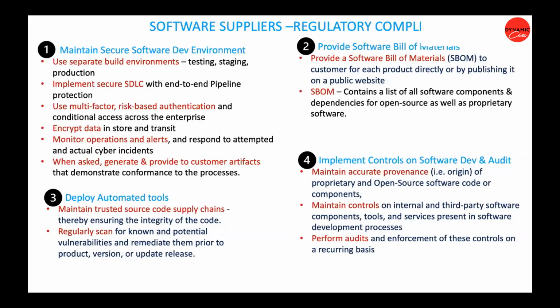So it's very important, and the compliance now says that all software developers will provide a software bill of materials, which gives the detailed composition of the software, and it has to be machine readable too. That's what the compliance says.